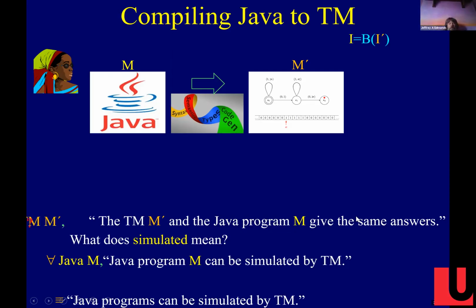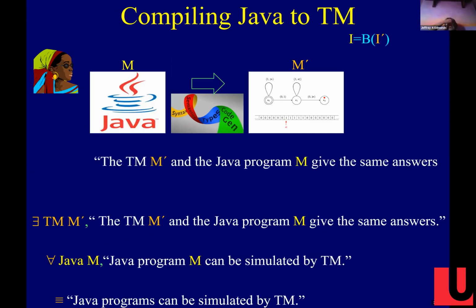Well, which Turing machine are we talking about? Are we saying every Turing machine gives the same answer? No. We're saying there exists a Turing machine that gives the same answer. For every Java program, there exists a Turing machine that gives the same answer. Here they give the same answer. What are we missing?